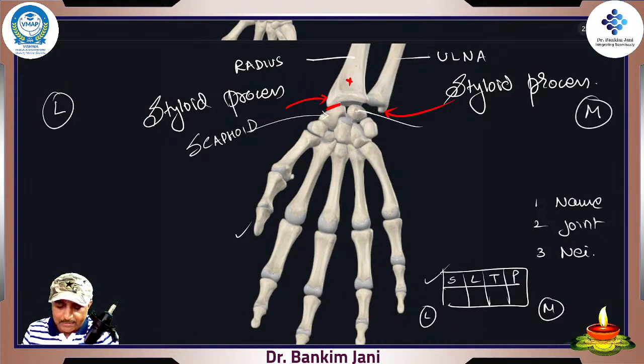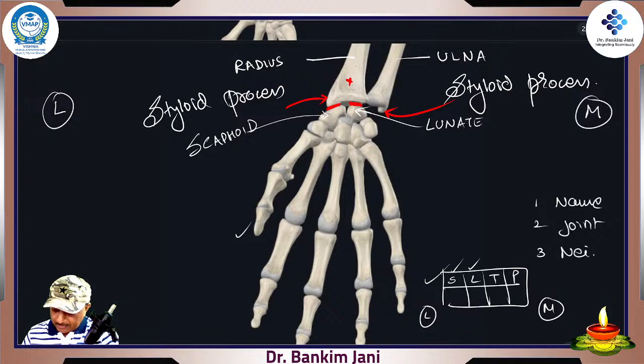Here it is, this one. So it is scaphoid, lunate, and radius. They are making a syndicate. See over here. They form a joint.